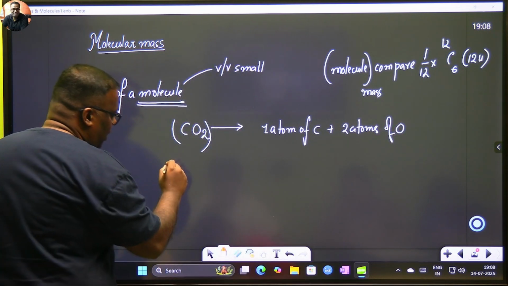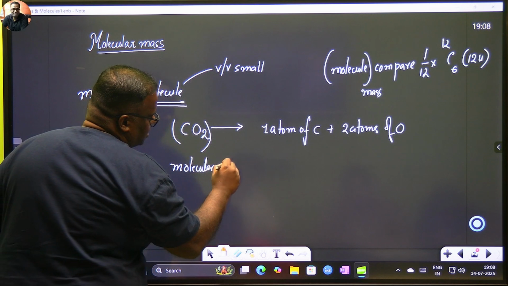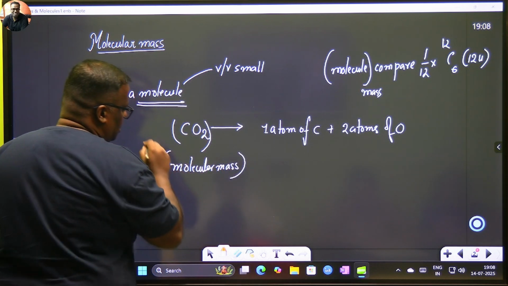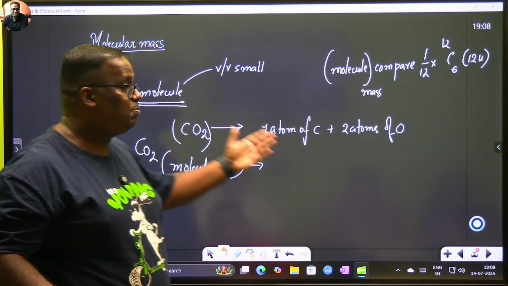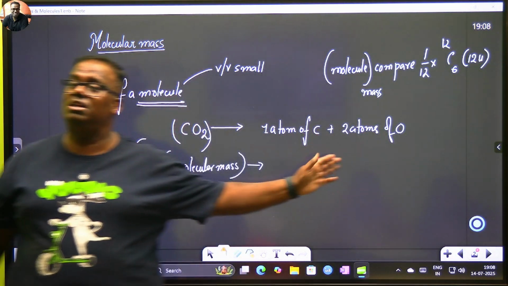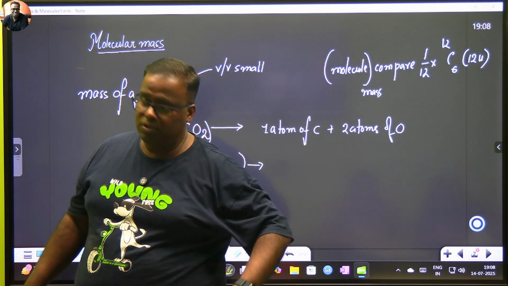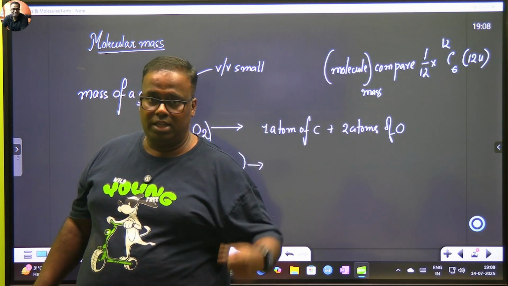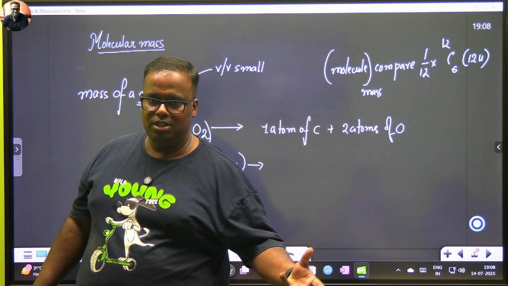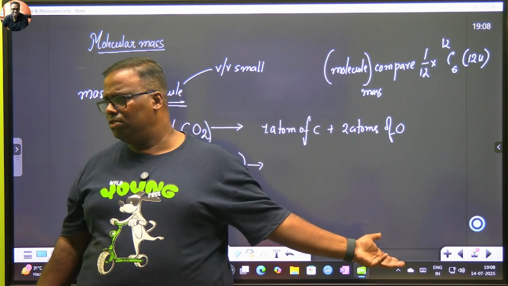Now, if you want to find out the molecular mass of CO2, then all you should find out is the respective atomic mass multiplied by the number of atoms and add. What is the weight of the bag that Jaideep is carrying from Ratnadeep? Take out individual items, measure their weight, add them up. That should be the weight of the bag.